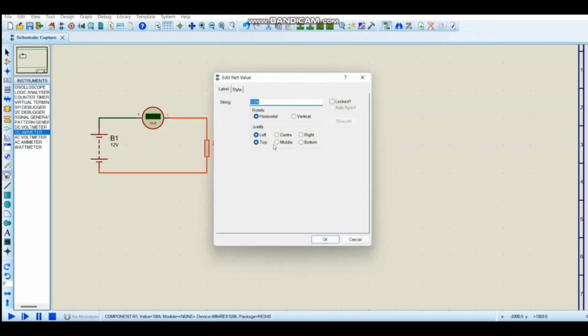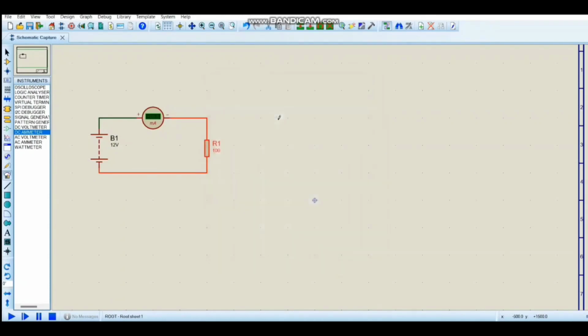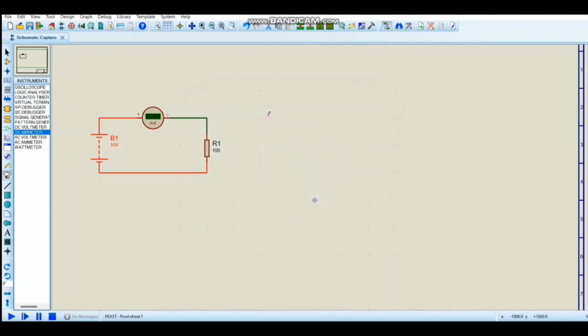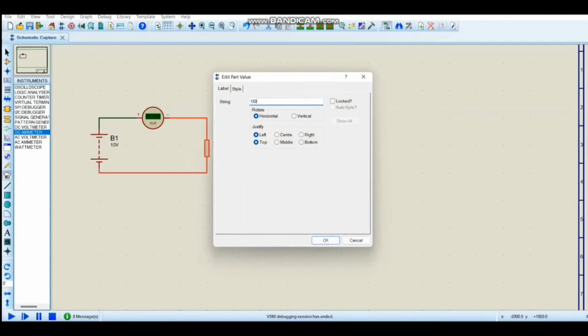Okay, after that we set the first R value, which is 100 ohm, and the input voltage 10 volt. Then we run. We get the first one is 99.9 milliampere for 100 ohm. Then we change the value to 150 ohm.